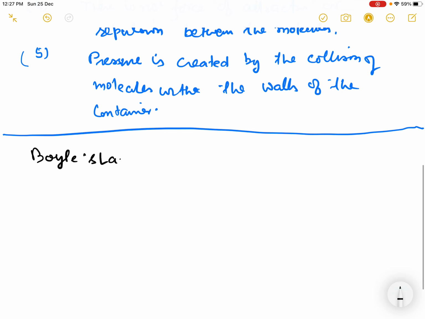Boyle's law. See, there are four parameters: volume, pressure, temperature, and number of moles. In Boyle's law, this is the relation between volume and pressure.